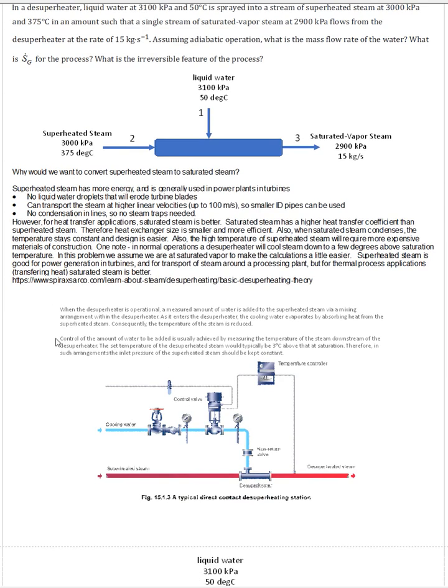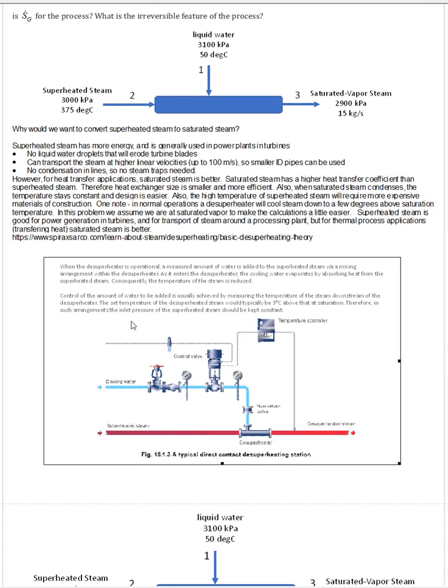You've got a little bit of a flavor of how these desuperheaters actually work, and a preview of the kinds of process control problems that you may be working on in, say, the junior lab, the senior unit ops lab, or your process control lab.